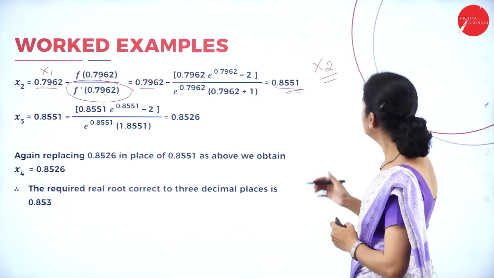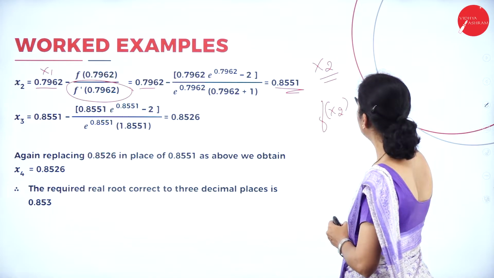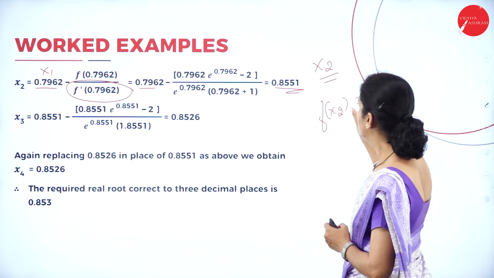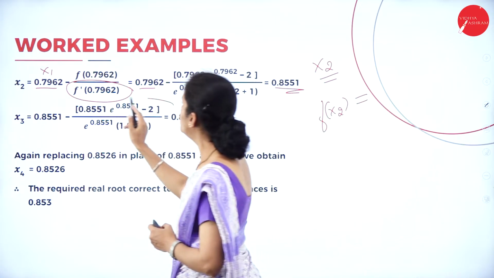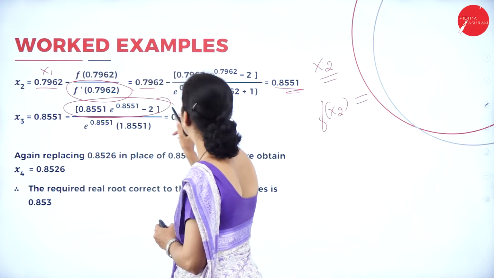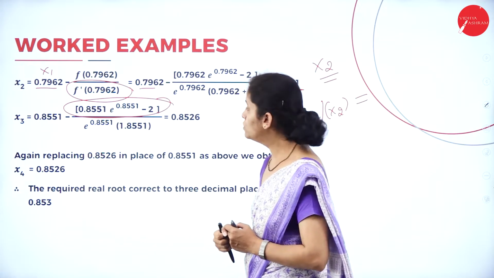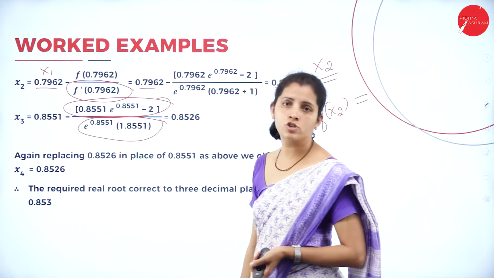Now, after this, I want to find the f of x2. When I substitute this one, see here, to find the f of x2, I have this equation, and to find out f dash of x2, I have this equation.